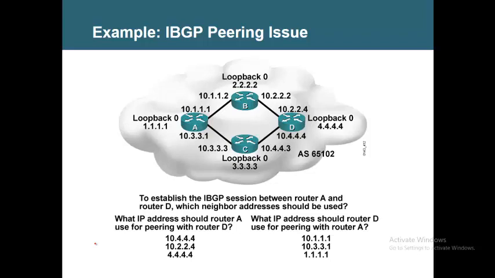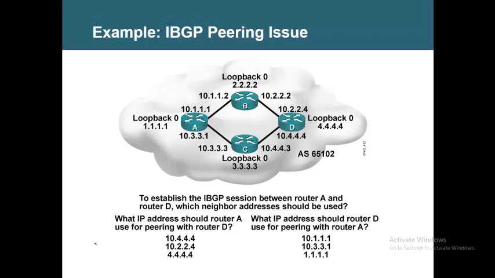So using one address, when we have redundant paths, see, this is a redundant path scenario. Whenever we have redundant paths, giving one address as a neighbor address is not recommended. Giving two addresses is also not recommended. Then what is recommended? Give a loopback address as a neighbor address.